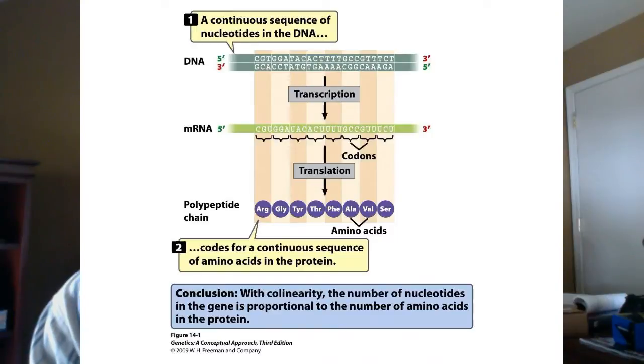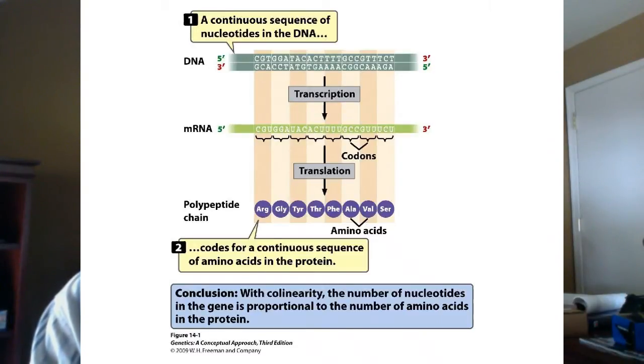Notice that you must, when answering questions on any of the exams, label the 5' and 3' ends of DNA. Notice in this case, of course, DNA has two anti-parallel strands. That is, the upper strand goes in the 5' to 3' direction, meaning the lower strand is 3' to 5'.